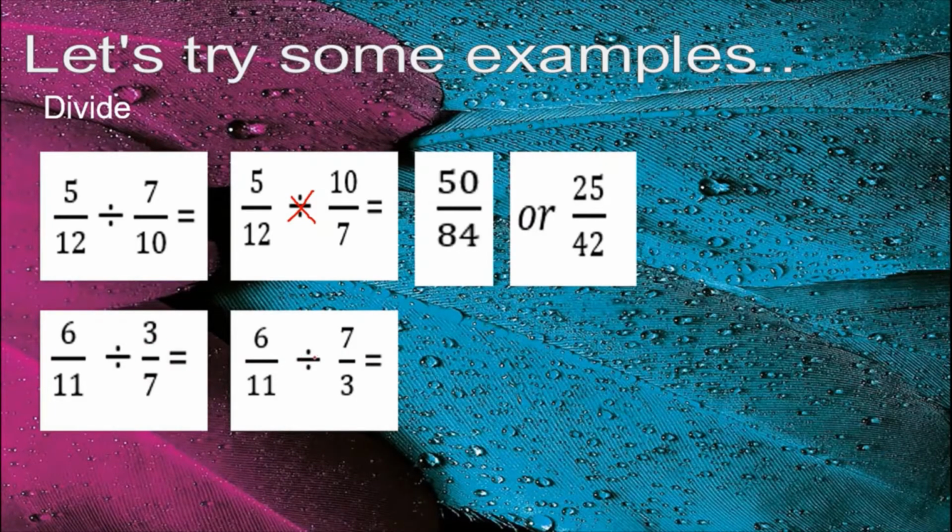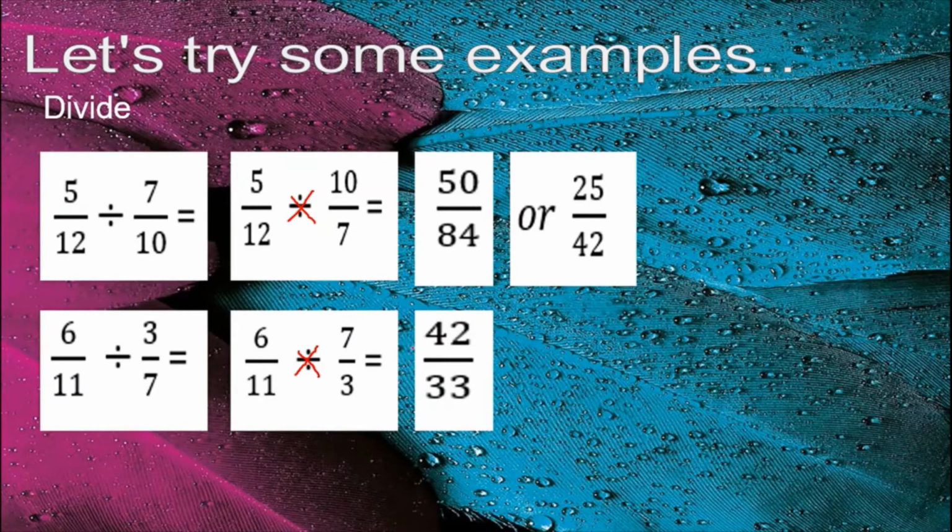So after we switch, we go to the multiplication process. We do now top times top, bottom times bottom. So 6 times 7, the answer here is 42. 11 times 3, the answer here is 33.